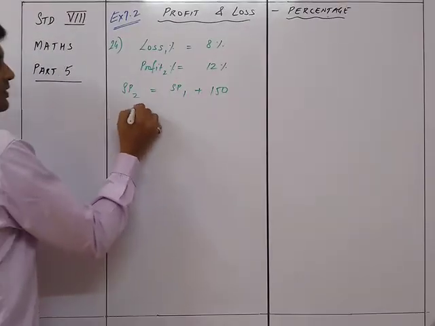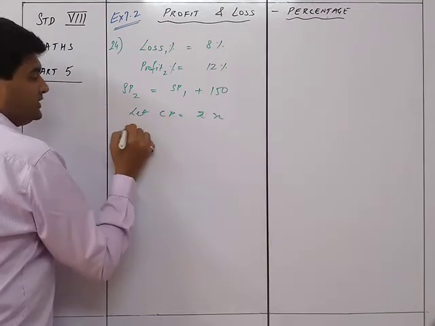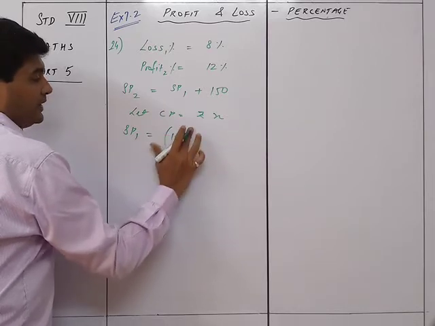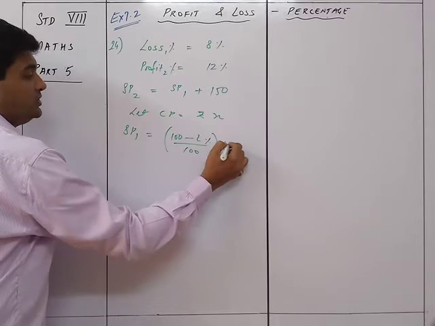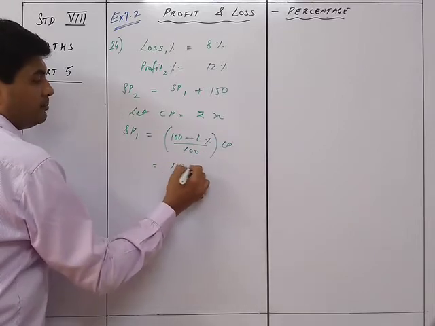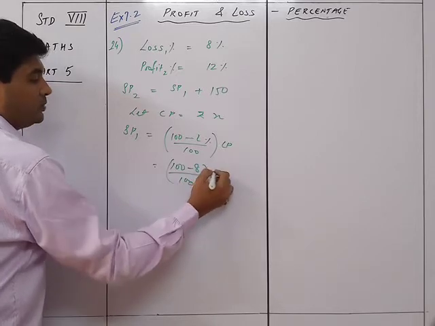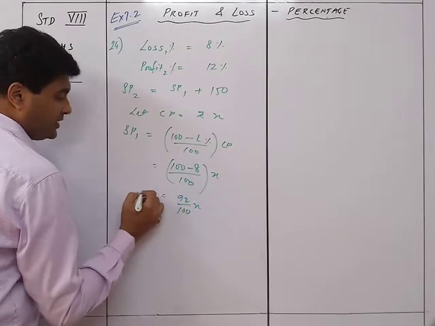So accordingly we let CP be rupees X. So SP1 is equal to 100 minus loss percent upon 100 into CP, that is 100 minus 8 upon 100 into X, is equal to 92 upon 100 X, that is SP1.